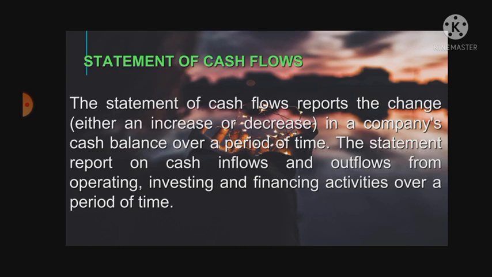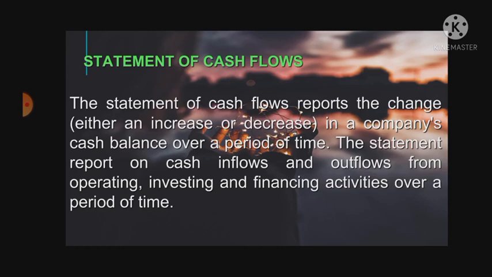The statement of cash flows provides information about the cash receipts and cash payments of an entity during a period. An entity shall prepare a statement of cash flows and present it as an integral part of financial statements for each period for which financial statements are presented.